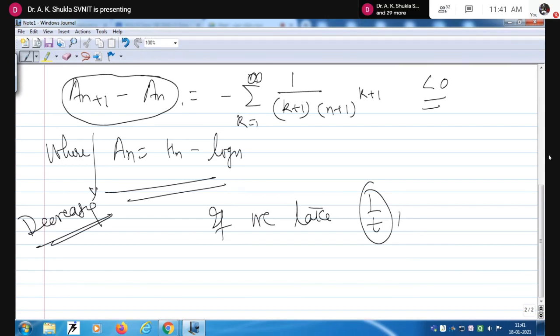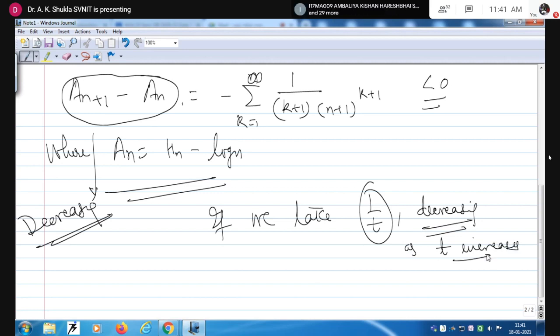So 1 upon t is a decreasing function. It decreases as t increases.